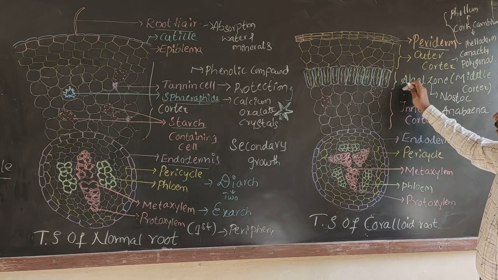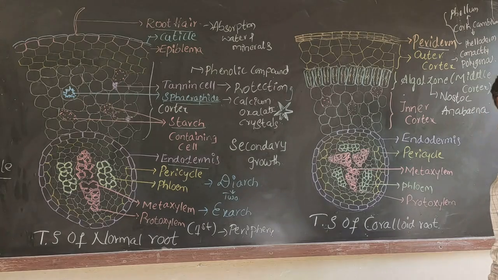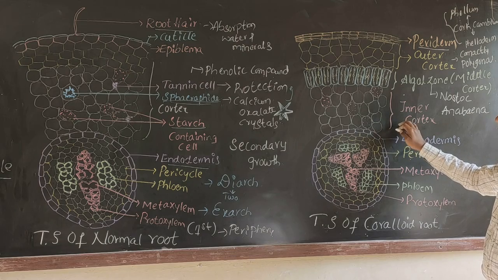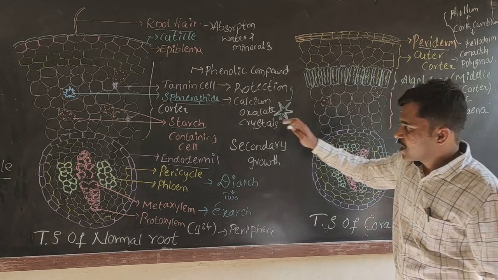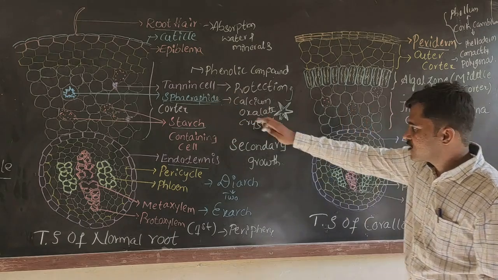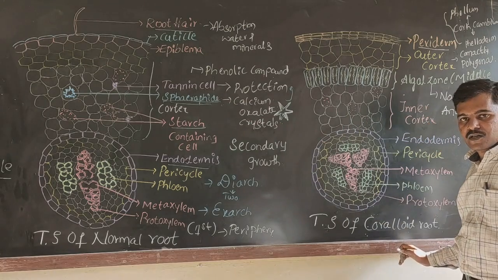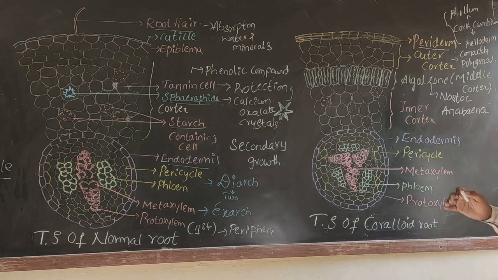Next, after the middle cortex, the innermost part of the cortex is known as the inner cortex. It is made up of loosely arranged cells, and it consists of some specialized cells like starch containing cells, tannin cells and sphaerophyte cells.